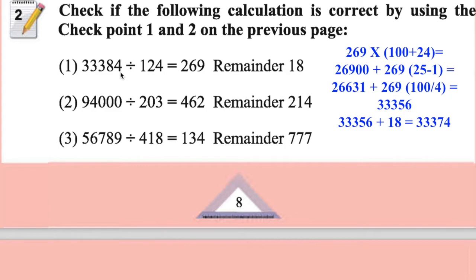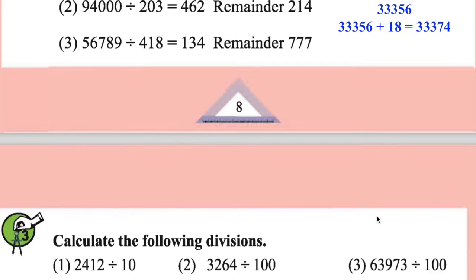I have no objection, but what I am going to say is, if you do this simple thing, 269 into 124 plus 18, what we did is quite correct. So check the following calculations is correct or not. That is what he said. This is wrong. Similarly you can check the other things, whether they are correct or wrong.